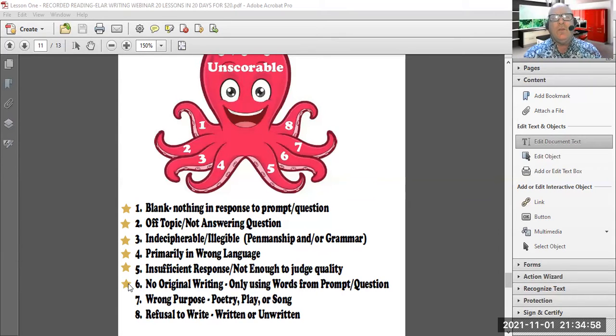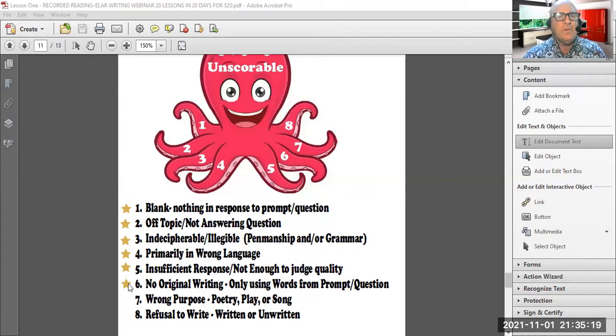And so if all the reader sees is text from the passage, then there's not going to be any original writing. There's nothing from the student's head.